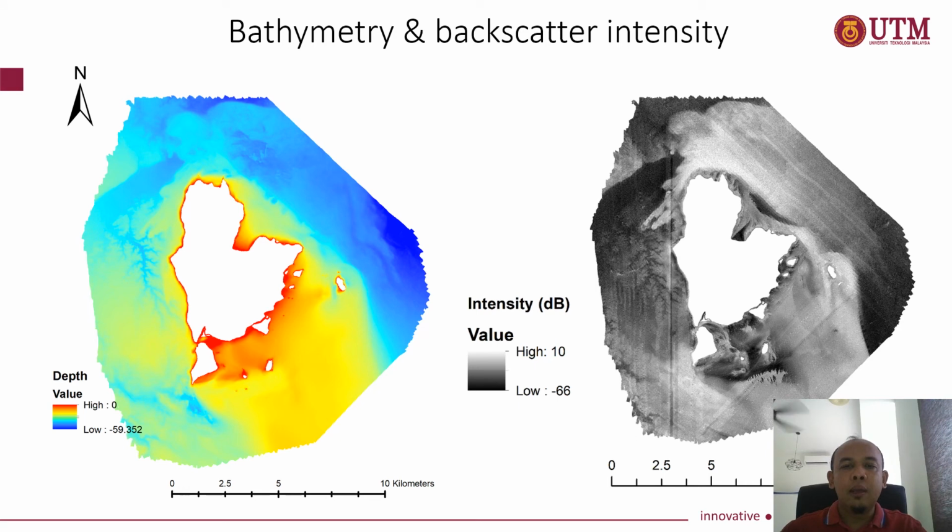And we also have the seafloor intensity. It is measured in decibels. So a high value of intensity means that the reflector is hard, most likely referring to a hard surface like rock, gravel, and so on. And low intensity refers to soft sediments.